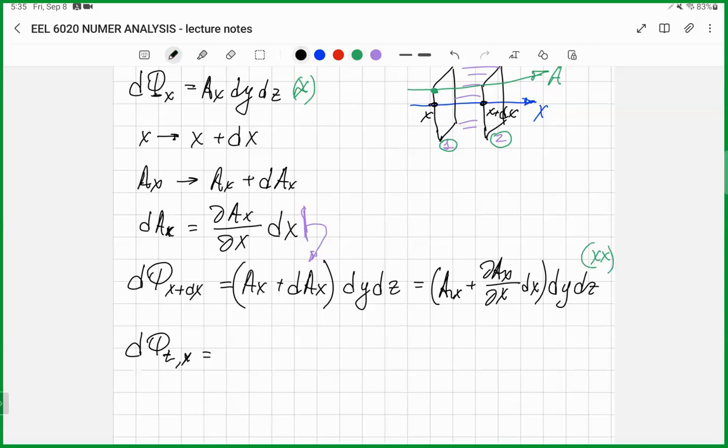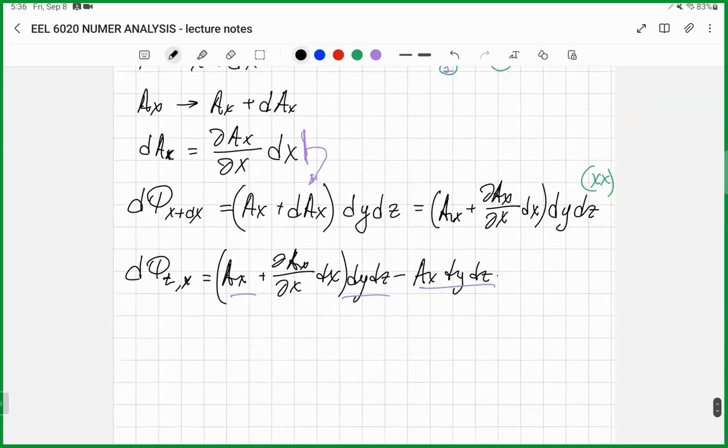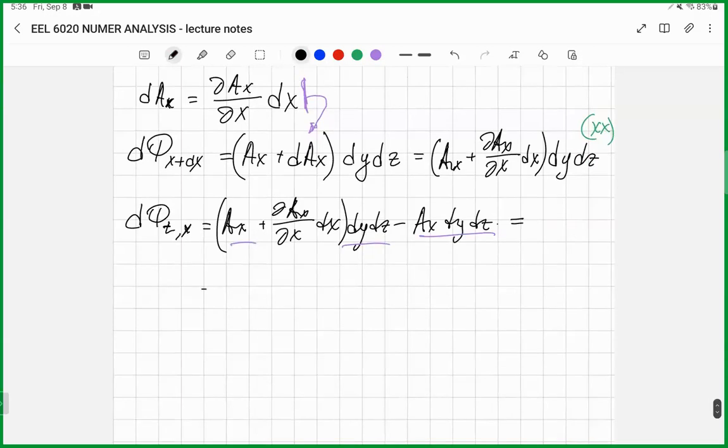Okay, and what I get is ax plus dax over dx dx, dy dz minus ax dy dz, and I notice that these two terms are the same and cancel out each other, so it's equal to dax over dx dx dy dz. Okay.